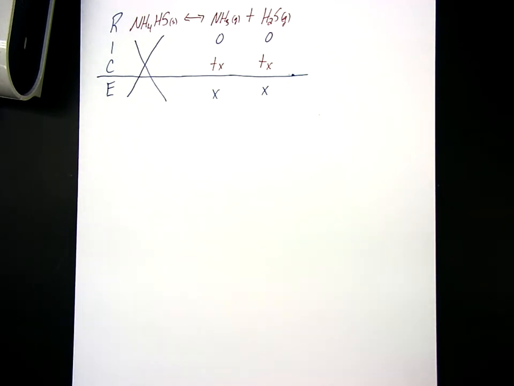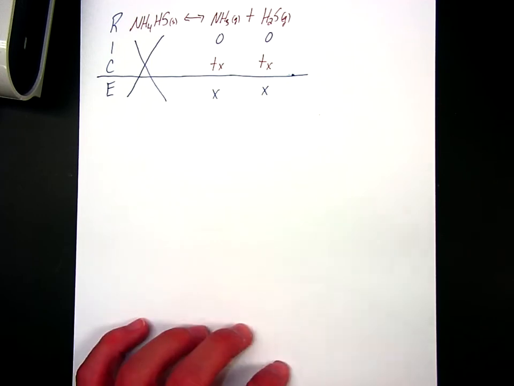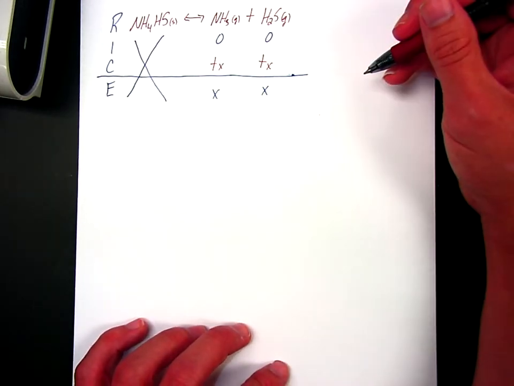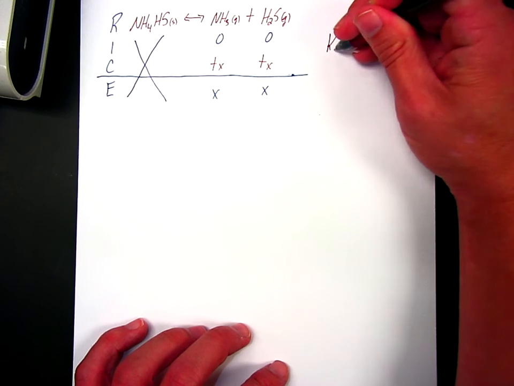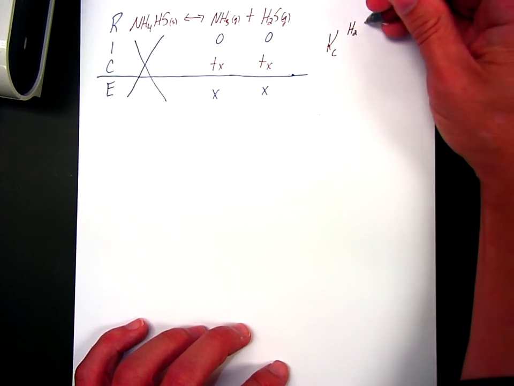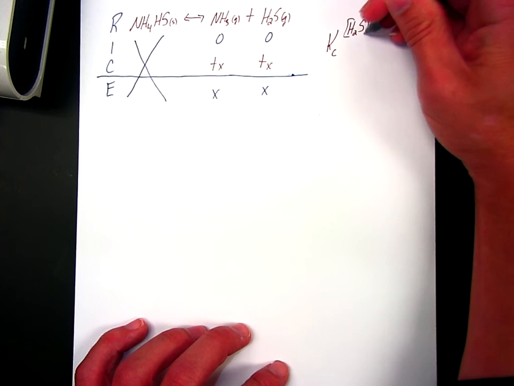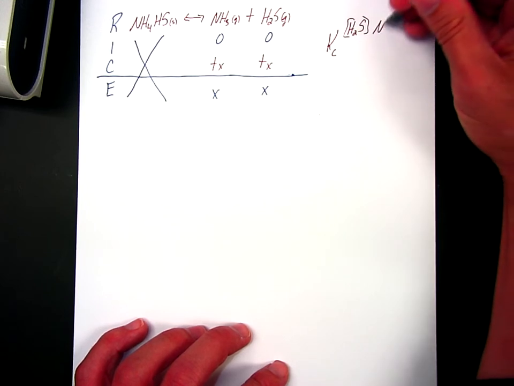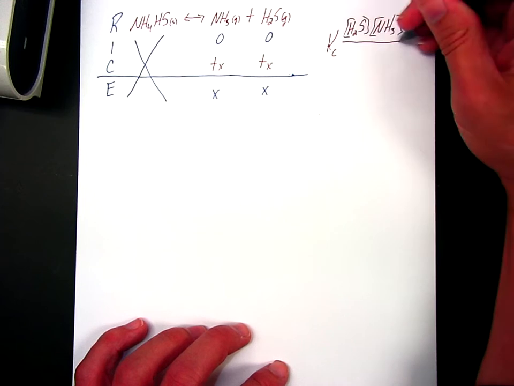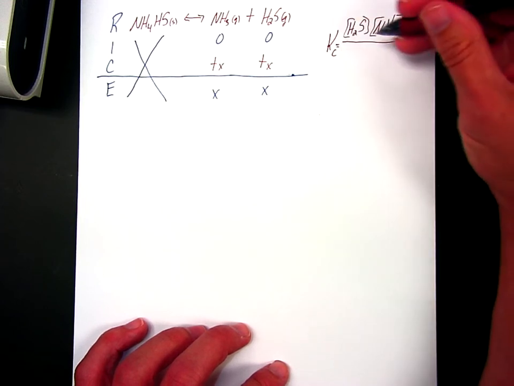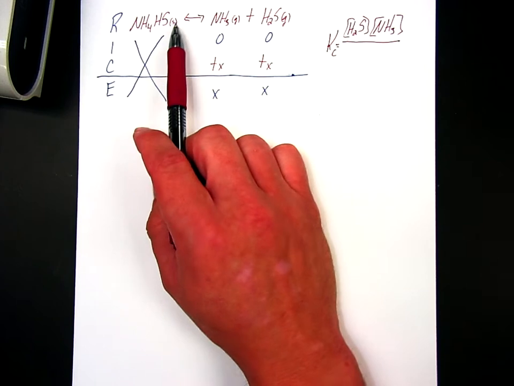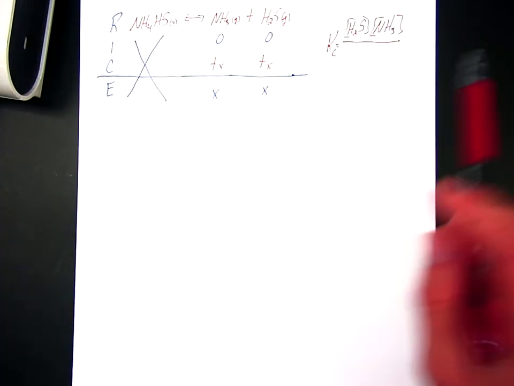So my unsubstituted equation, as we find Kc, is going to look like this. Put my products over my reactants. Now, here's the issue though. Remember, this solid dude cannot go into here.